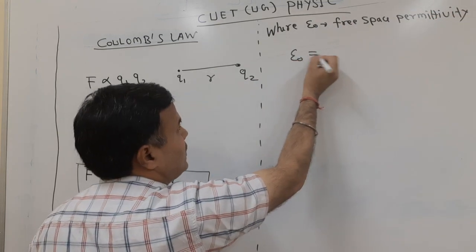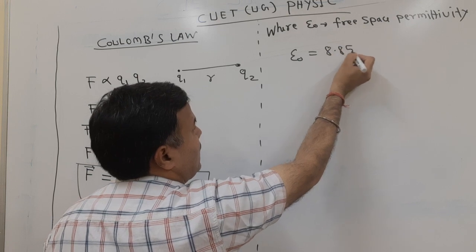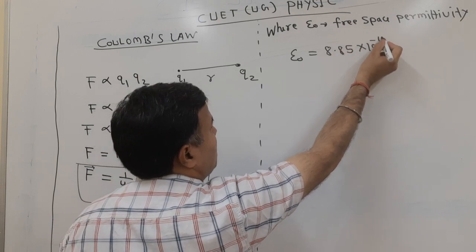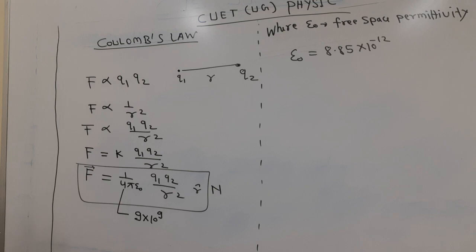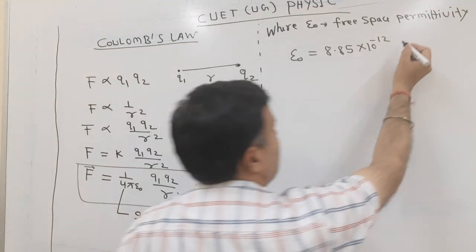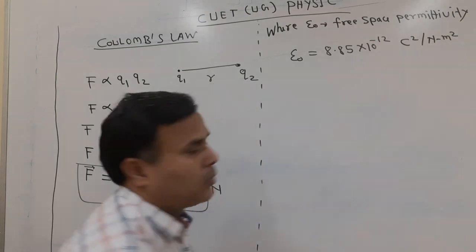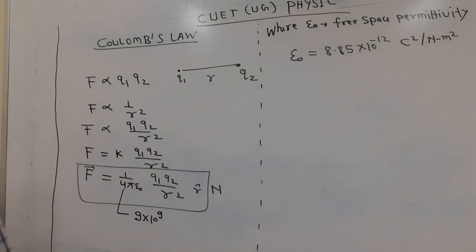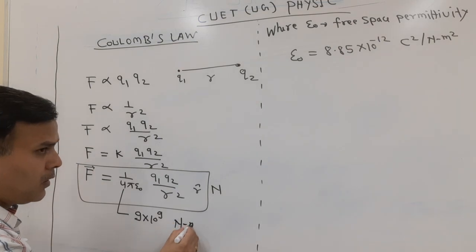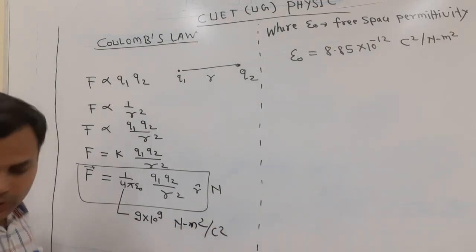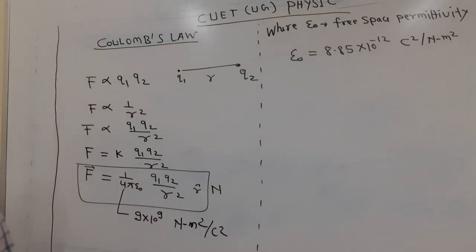Its value is 8.85 into 10 to the power minus 12 Coulomb square per Newton meter square, and the value of 1 by 4 pi epsilon 0 is 9 into 10 to the power 9 Newton meter square per Coulomb square.